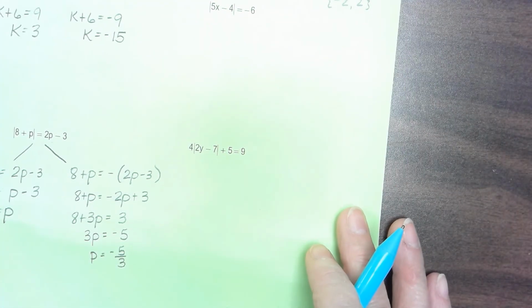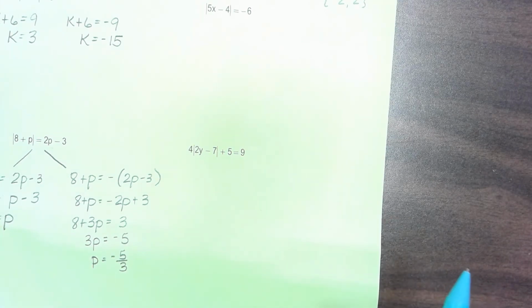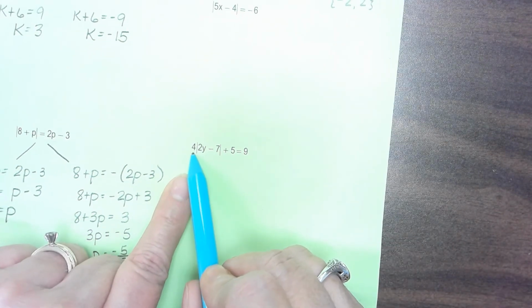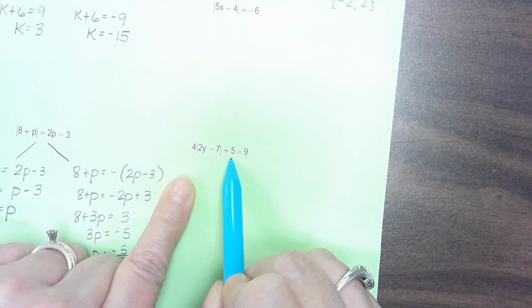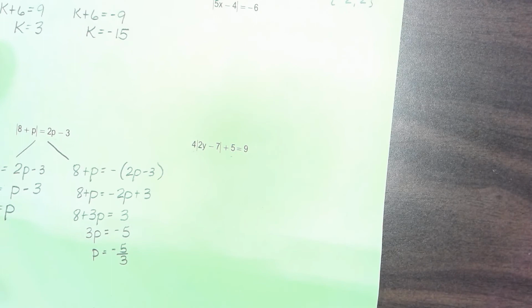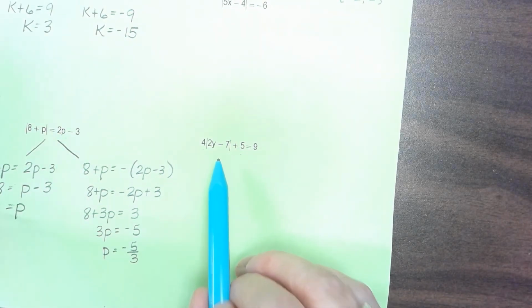Okay, on our next equation, we have quite a bit of stuff going on. Think of this absolute value as a variable. What is happening to it? It's being multiplied by 4, then added with 5. And so we're going to undo all of that first.